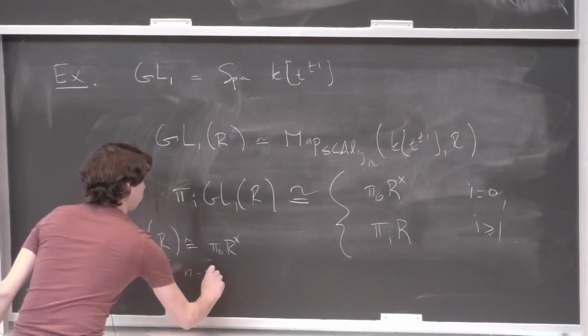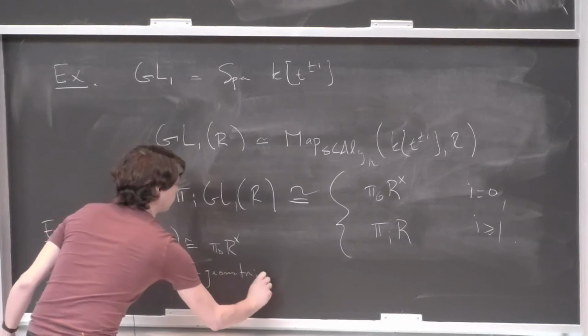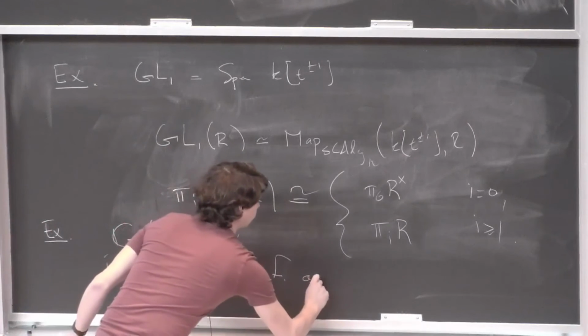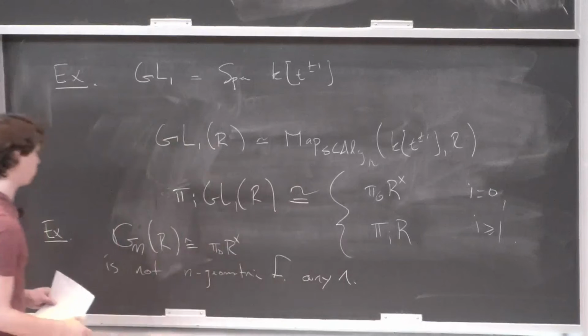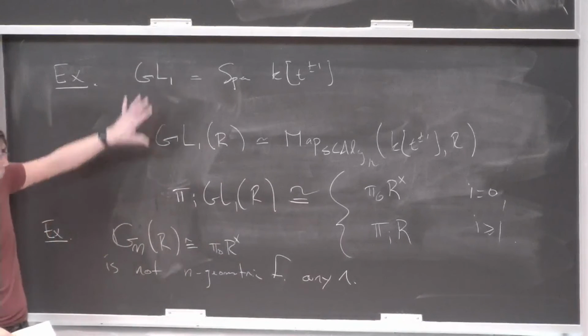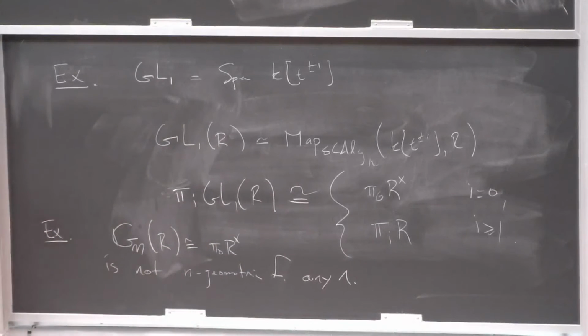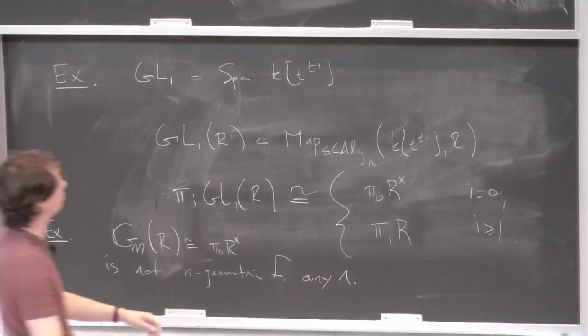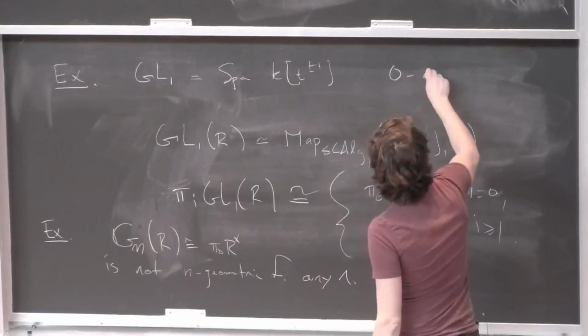It's not n-geometric for any n. So there's a big difference between these two objects in this setting, and this is a good example for testing the intuition. So this is a 0 stack, obviously, because it's just representable. So this is a 0 geometric derived stack.